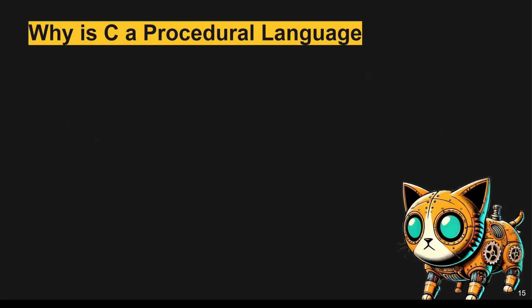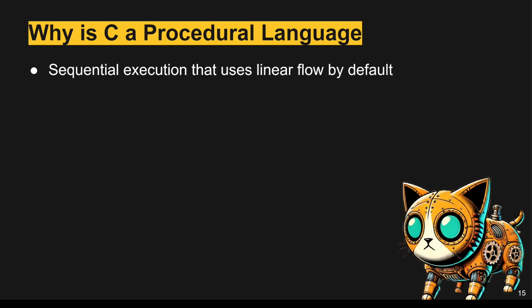So the last thing we'll look at in this video is why C is a procedural language. C executes statements one after the other in a sequential nature. And it uses linear flow by default. This means that in the absence of an if or a branching statement or a loop, it will execute one statement after the other, after the other, after the other. C programs are organized into functions.